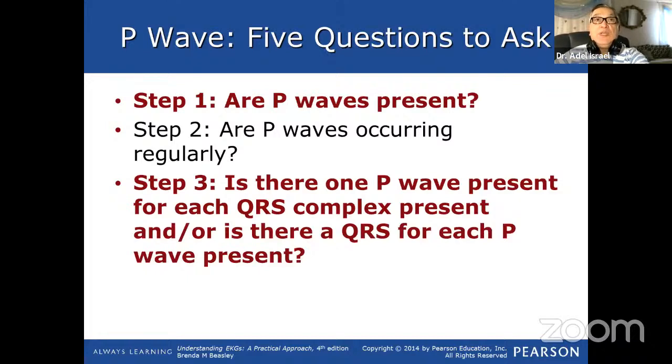But sometimes in the future we will find that the P wave is absent, we don't find a P wave. Or the P wave is coming after the QRS, which is abnormal. Or the P wave is inverted. Inverted means negative, not upright. This is also an abnormal situation. So when we answer these three questions with yes, this means everything is okay with the P wave.